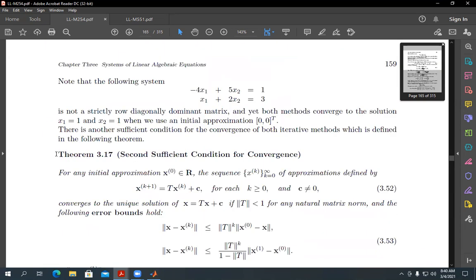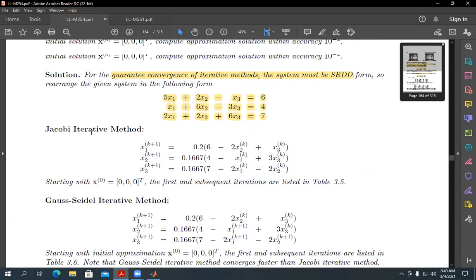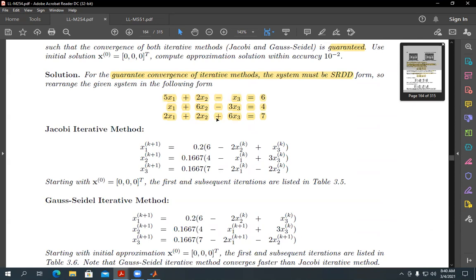This is the second condition, but for STD, you only look at the system and you can say whether this is STD or not. If it is STD, you say the method will converge, guaranteed. But if it is not STD, we don't know, maybe it converges, maybe it diverges.